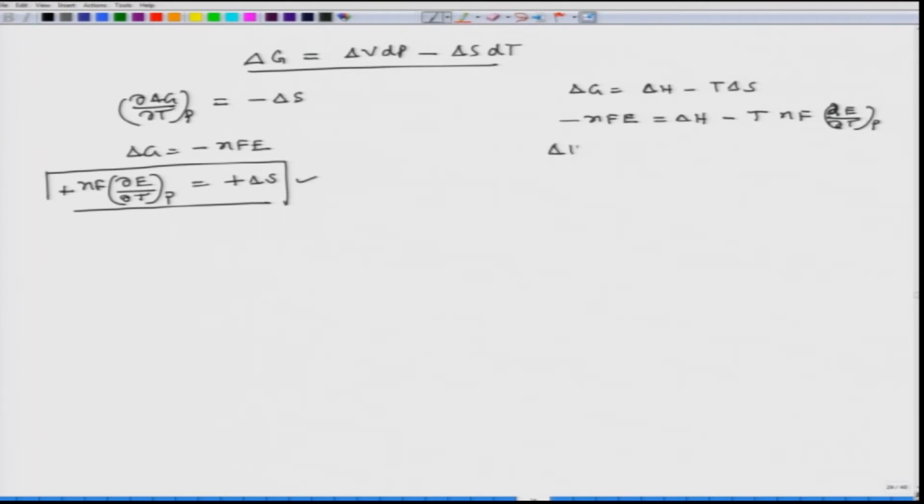So, del H we can find out as minus NFE plus NFT (del E/del T) at constant P. So, this is the relation we can get, or we can also get E equal to minus delta H by NF plus T (del E/del T) at constant P. This also we can get.